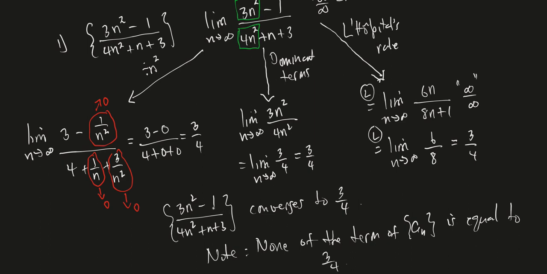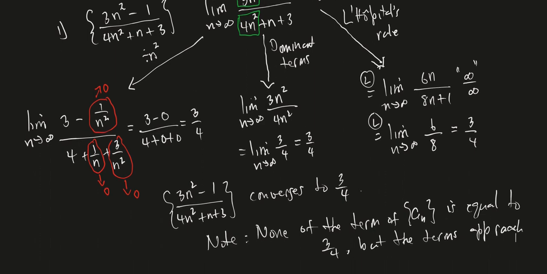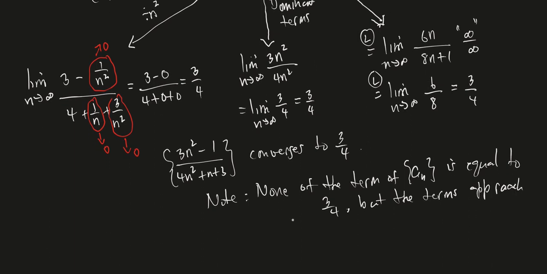But as n gets very, very large, the terms approach 3/4, right? But the terms approach 3/4 as n gets very, very large.